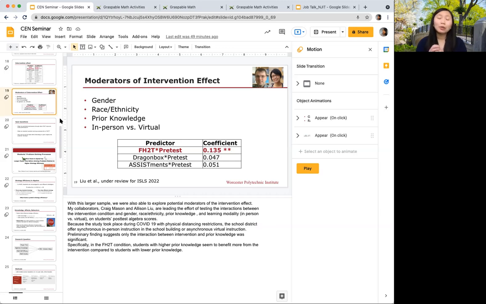And I think what we did by including DragonBox is another tool that is commercially available, and their approach is completely different, even though they're still embedding math learning and problem solving in the game context. They introduce equation solving in this. They pretty much hide the math in pictures of dragons and monsters.